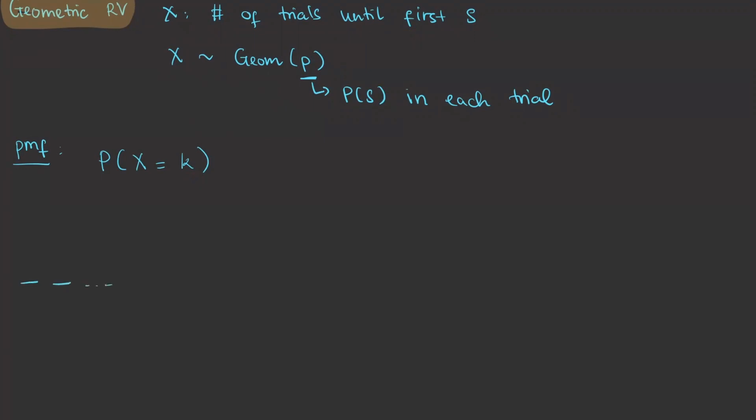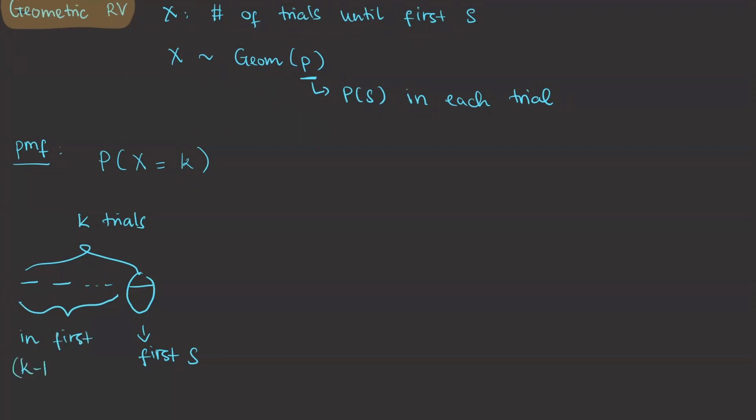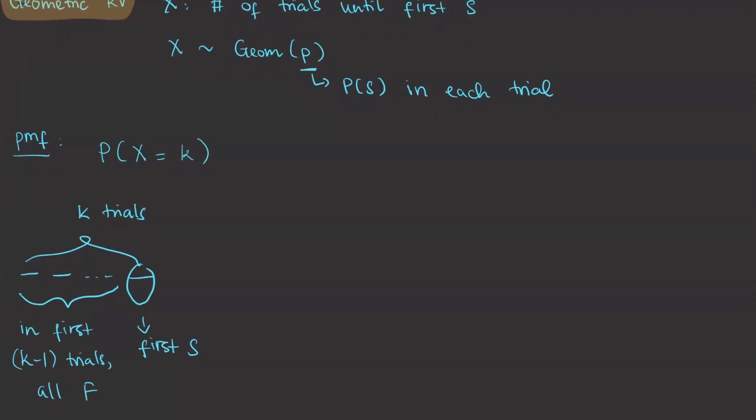So you have a bunch of k trials in total. Then what is the probability that the first success appears here? What does it mean by first success appearing in this position? It tells you that in the first k-1 trials, it is all failure.